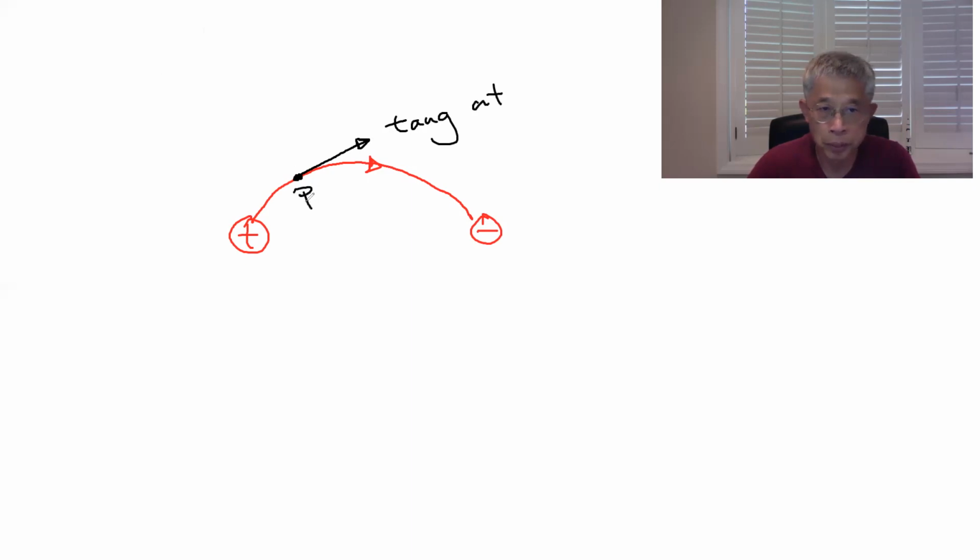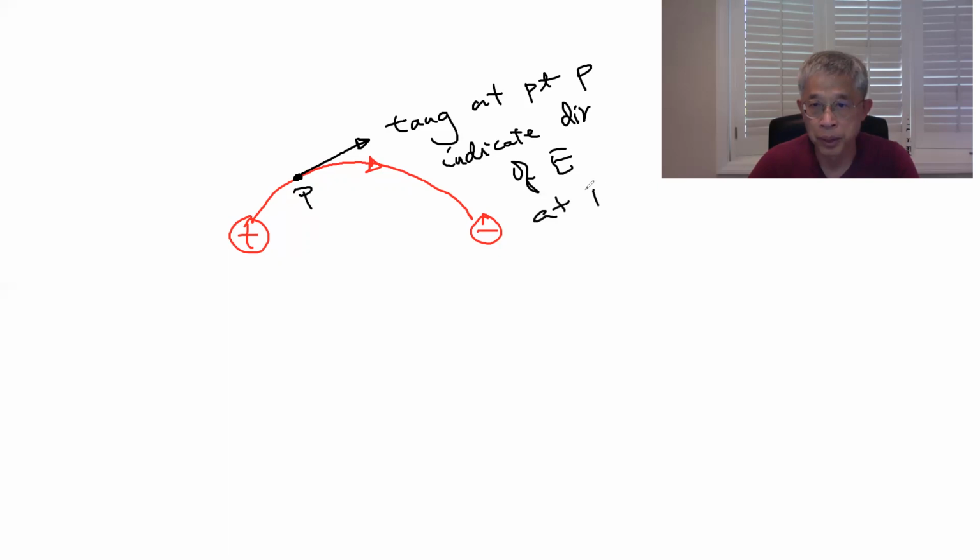At this point P. The tangent at the point P indicates the direction of the E, the electric field at that point, at P.